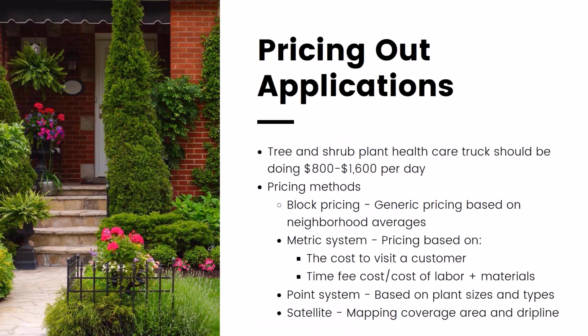The satellite approach is interesting because we started doing pricing based off of lot sizes. We had such a huge customer base at that time that we found we could get into certain averages. And because we were protected by the profit margin of tree and shrub, it was very hard for us to lose money on these applications.